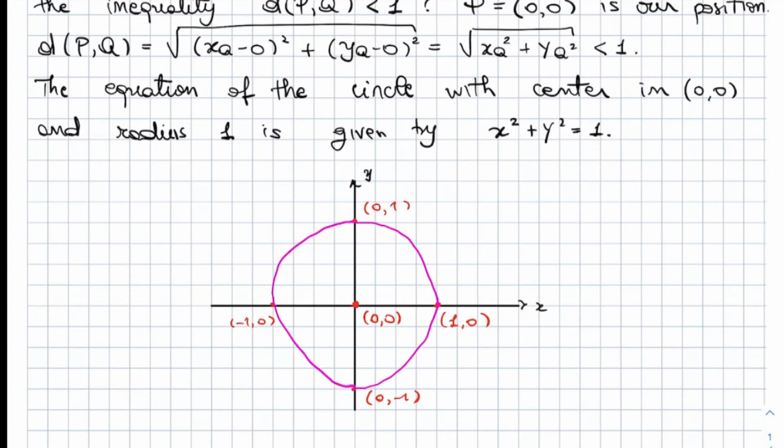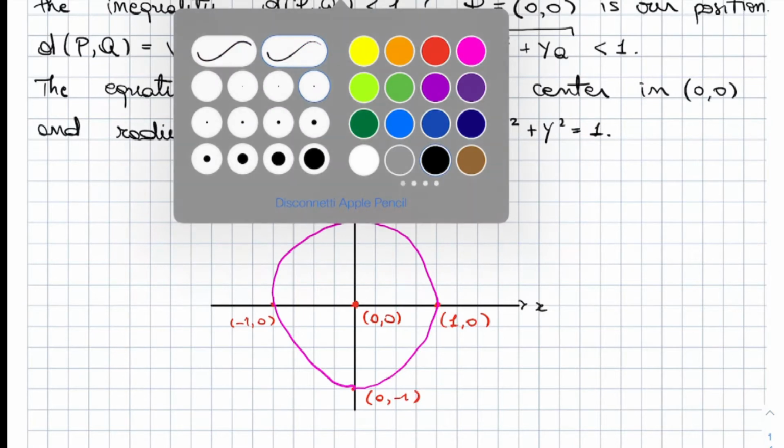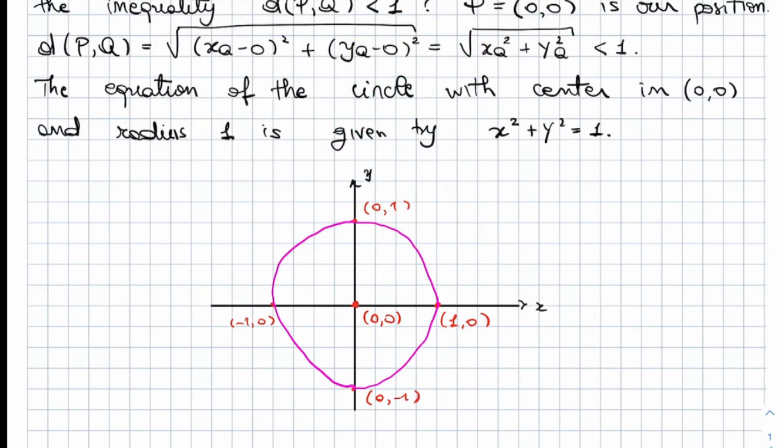Now, the inequality we were imposing is that the square root of the sum of the squares, xq squared plus yq squared, is smaller than 1. And here we are saying that this purple line has equation x squared plus y squared exactly equal to 1. Therefore, the points satisfying this inequality are exactly the points inside this circle.